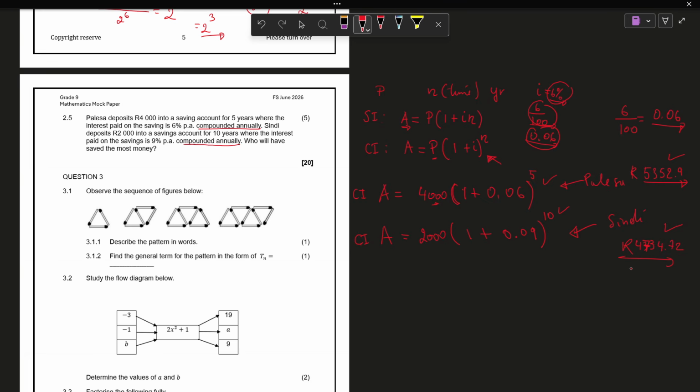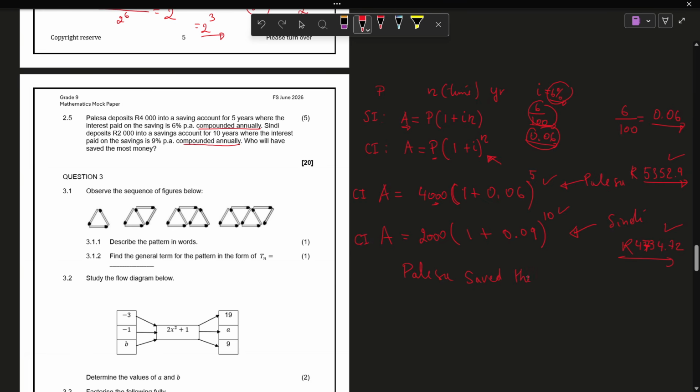Who will have saved the most money? Is it Palesa or is it Cindy? Who has the most return? Here it's Palesa. So the answer is clear. Palesa would have saved the most money.